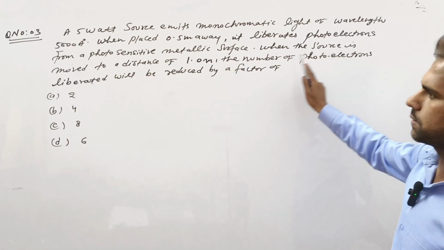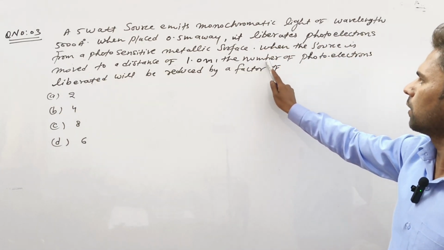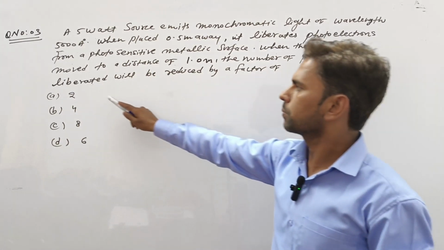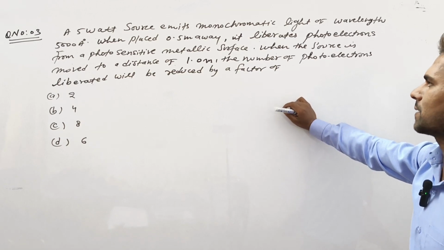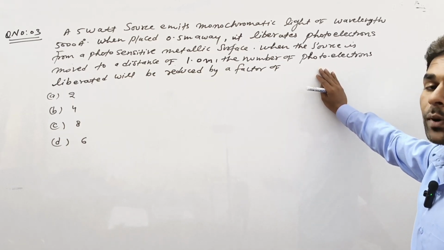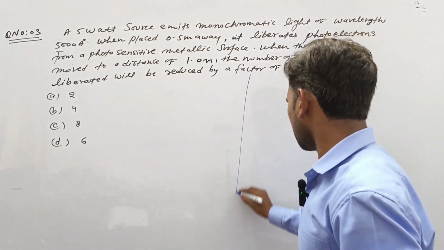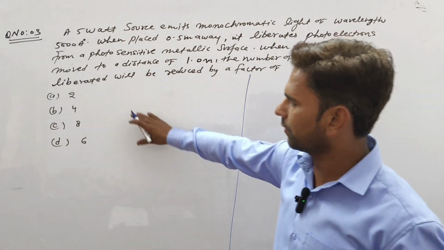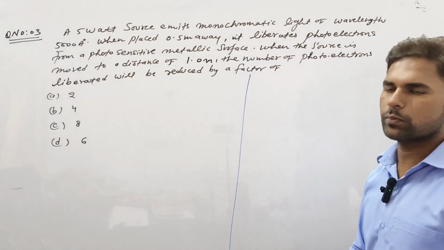When the source is moved to a distance of 1.0 meter, the number of photoelectrons liberated will be reduced by a factor of? They are asking for the change in the number of photoelectrons. How can you find the answer? Four options are given, and we will see which is correct after solving this problem.